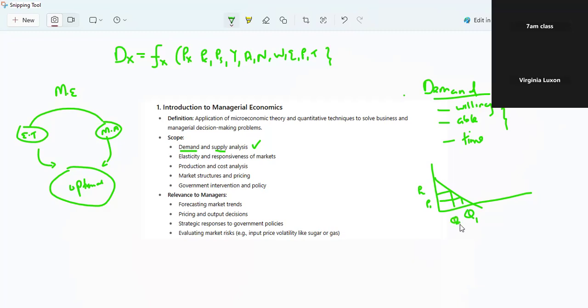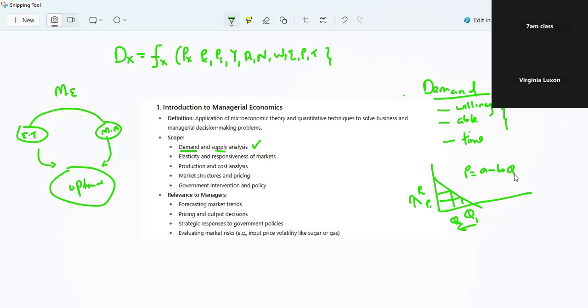So this is a reverse relationship. We call it an inverse relationship. This inverse relationship is what makes demand have a negative slope. So demand always has a negative slope because of the inverse relationship between price and quantity.